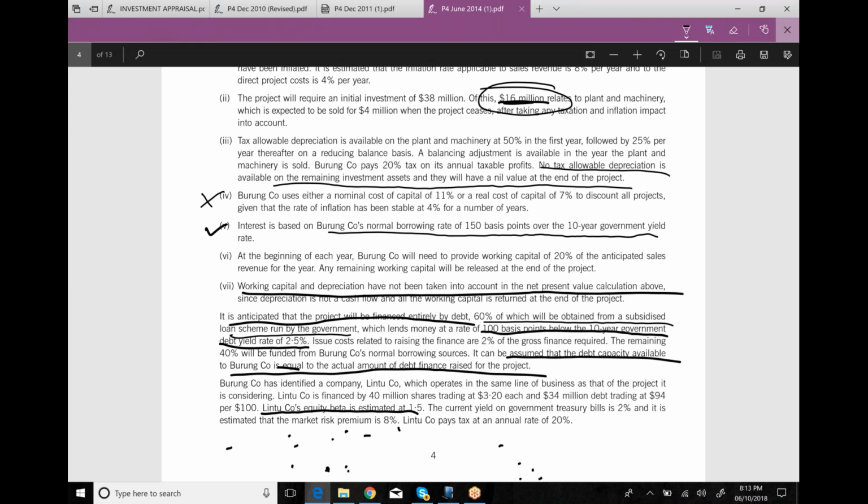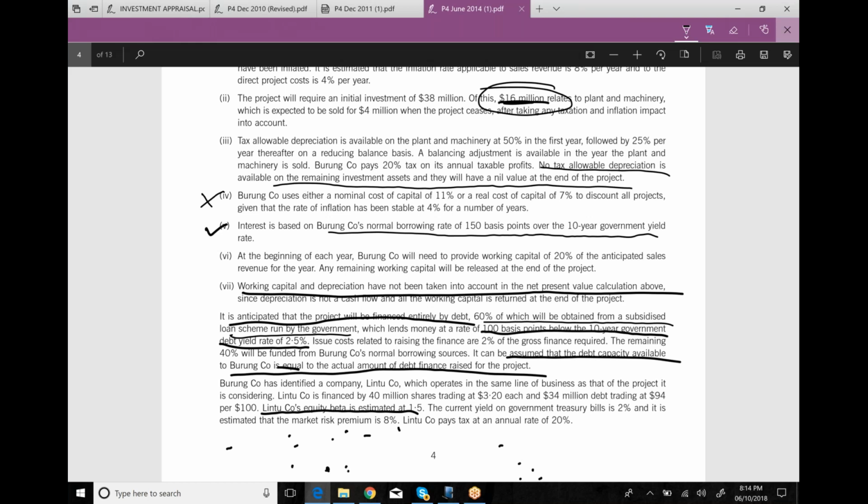In the previous question, the subsidized loan was available on 80% of the finance required, but over here it is available on 60%. Then he is saying that 60% will be obtained from a subsidized loan scheme run by the government, which lends money at a rate of 100 basis points below the 10 years government debt yield rate of 2.5%. Now he is telling you how you will compute your subsidized rate.